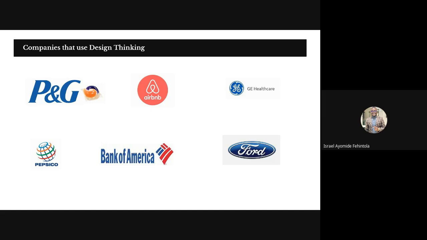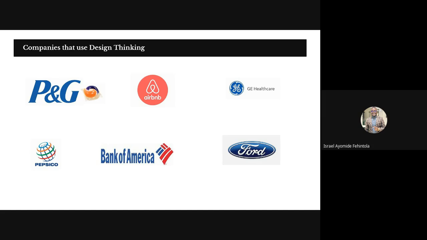Another thing I want you to note is that design thinking is not only about bringing in new products. As you can see in the variety of examples I gave, some had to introduce new products, and some had to just change something in their product. Like PepsiCo, which had to change the formulas for their product and even the packaging.